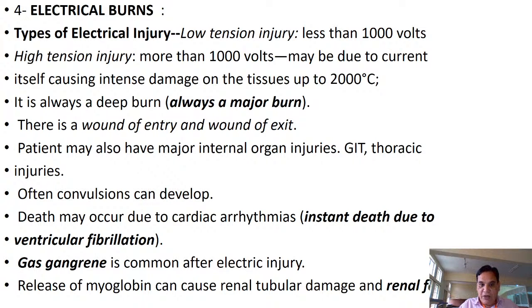This is very important: the entry wound is small and the exit wound is very large. Because of this entry and exit, the patient can have internal organ injuries, like gastrointestinal tract and thoracic.